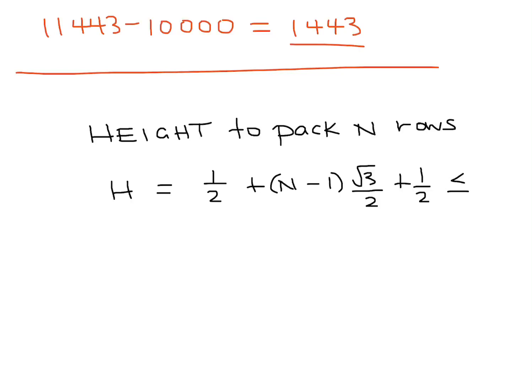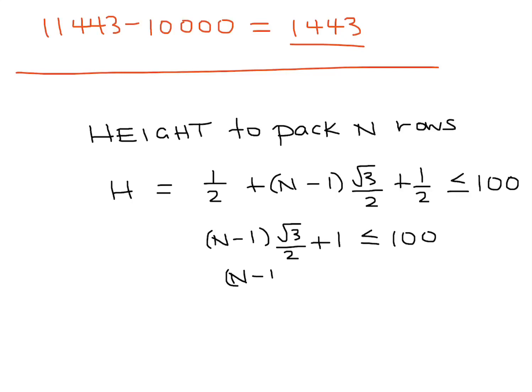Now we have a total height of 100, right? The square was 100 by 100. So the height of all of our rows has to be equal or less than. It could be slightly less than. So then if you do the math here, you get n minus 1 root 3 over 2 plus 1 is less than or equal to 100. N minus 1 root 3 over 2 is less than 99.